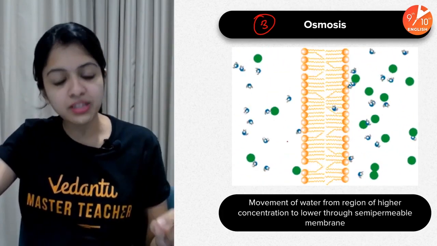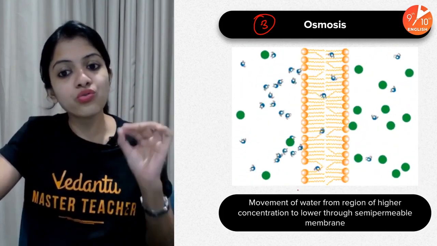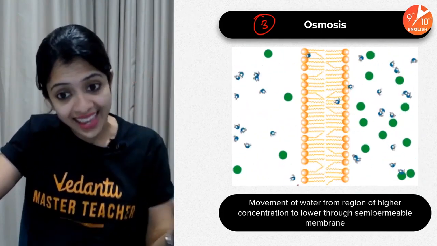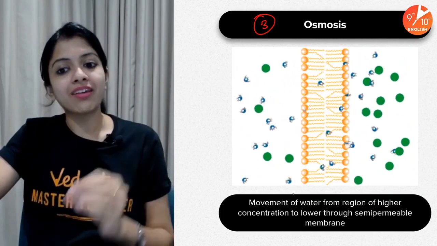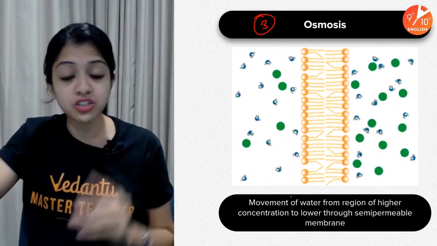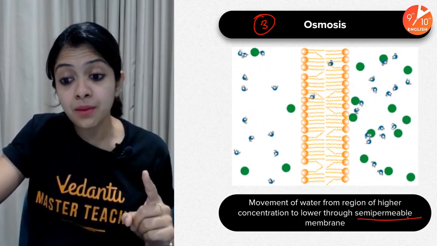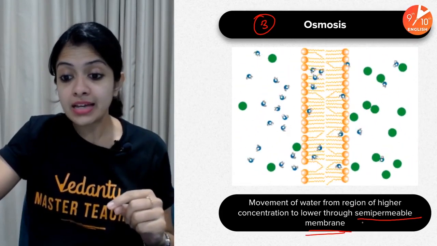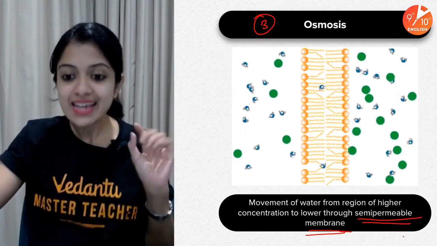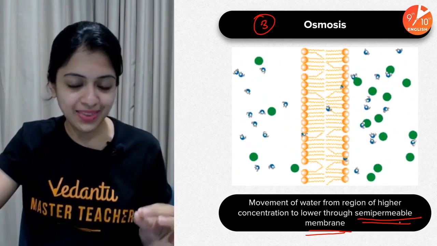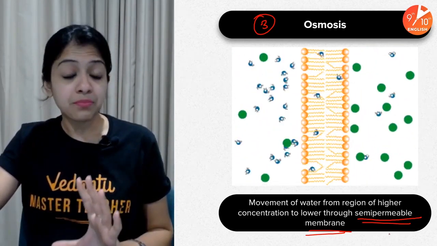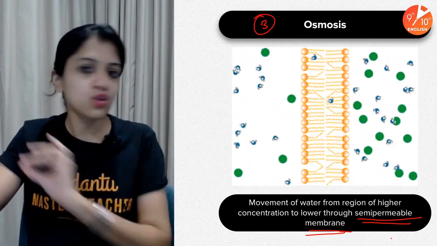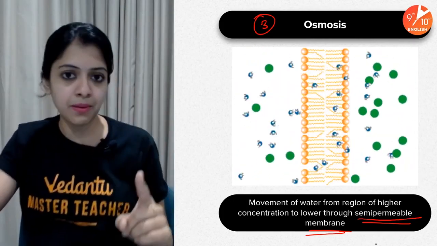The phenomenon by which water molecules move from an area of their higher concentration to an area of their lower concentration through a semi-permeable membrane. That point is very, very important. Semi-permeable membrane. Without the word semi-permeable membrane, the definition of osmosis is incomplete. Always remember this.